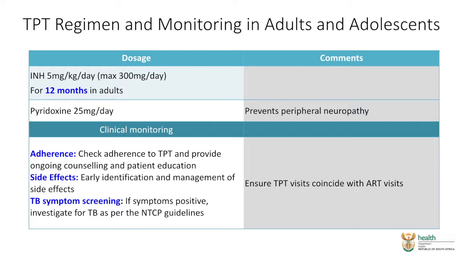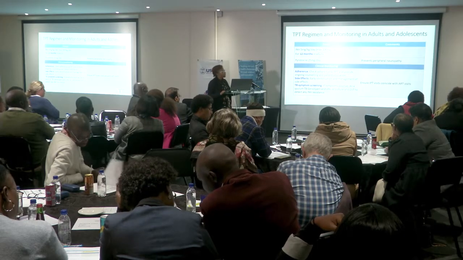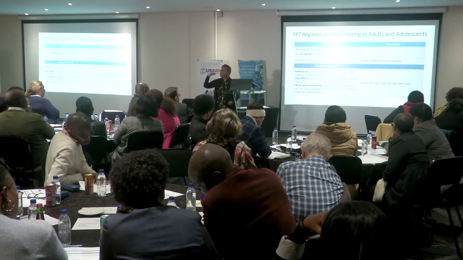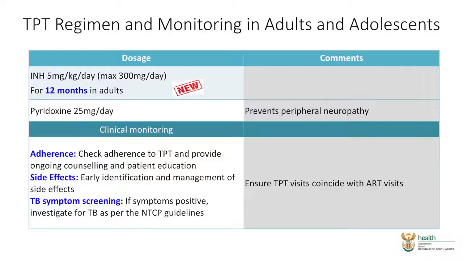We have to assess that the patient is adherent on treatment. We have to make sure that they are free of side effects, and we must screen them for TB so that we never miss that period when they convert to active TB disease and eventually start to treat TB with monotherapy and cause resistance, of course. So that is very important as well.